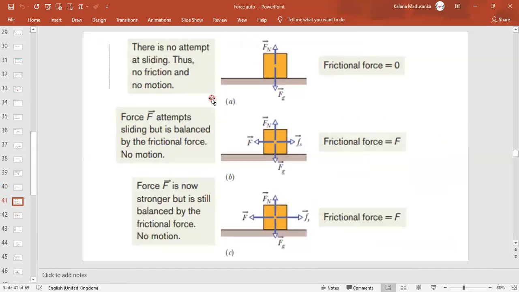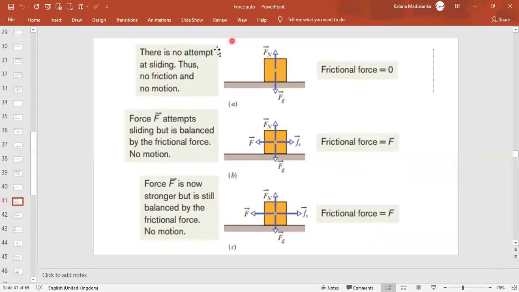Right. So as I said earlier, the friction is also a self-adjusting force. Now, to understand that, we can take three scenarios with the same book actually, right? Three different scenarios. So let's consider this yellow object as the book.